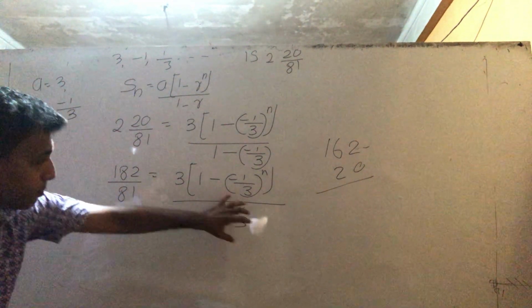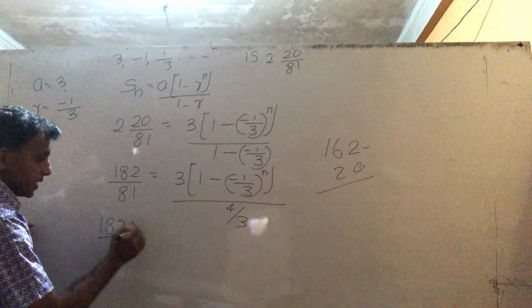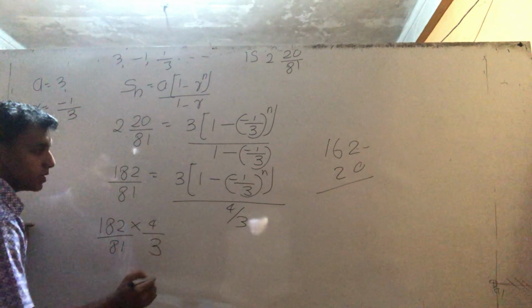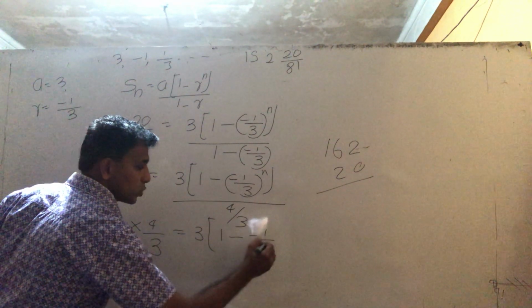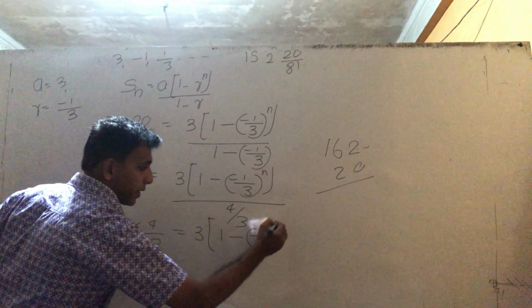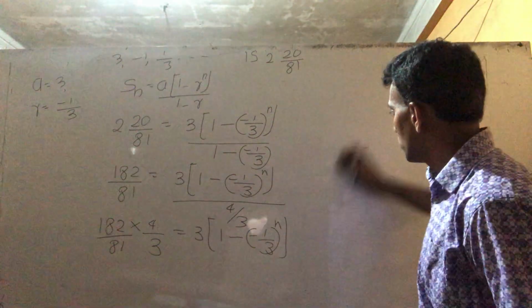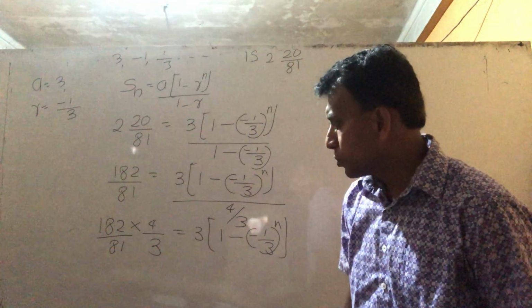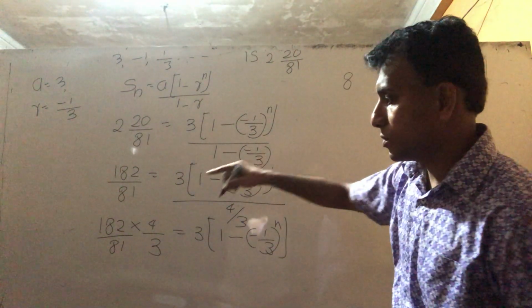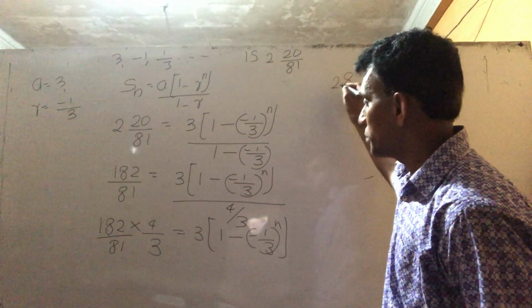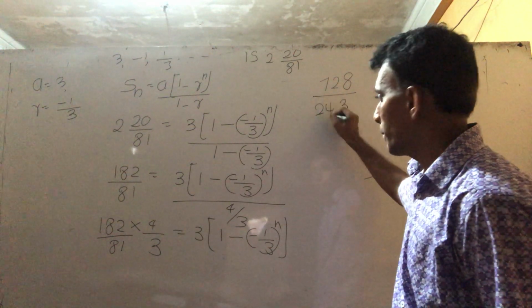Okay. Next, multiply this here. 182 over 81 multiplied by 4 over 3 is equal to 3 into 1 minus minus 1/3 to the power n. Now, yes, you can cut it, multiply 2, 8, 32 over, okay, like this.